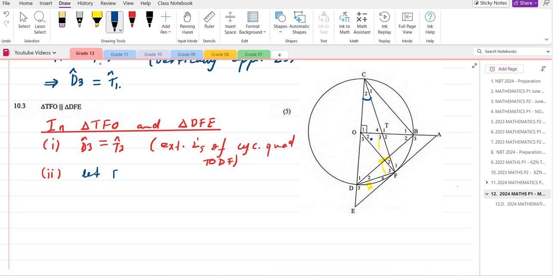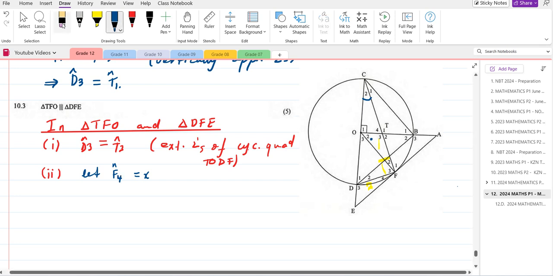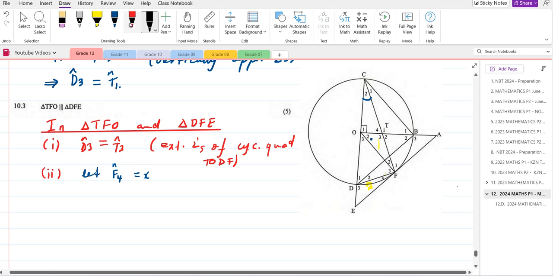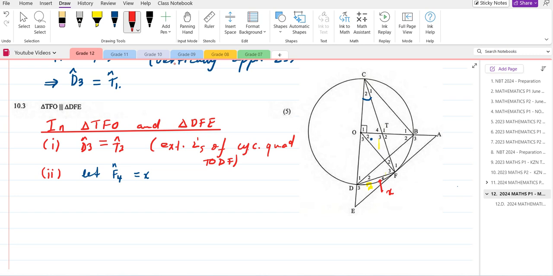Actually no, let angle F4 be equal to x. Right, so I know there's two 90s here, right? So that's a problem. So I know this angle is x, angle F4. Then I've got radius perpendicular to tangent, so F3 is 90 minus x.